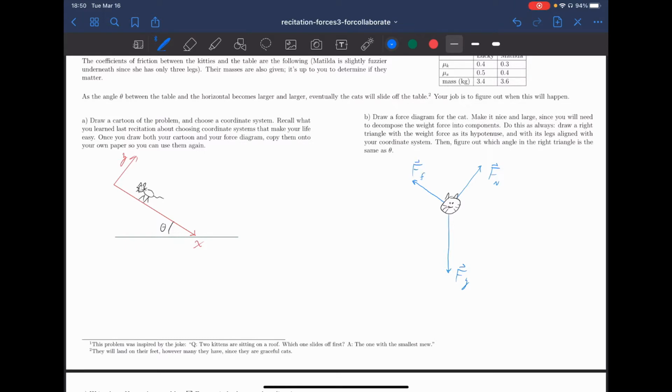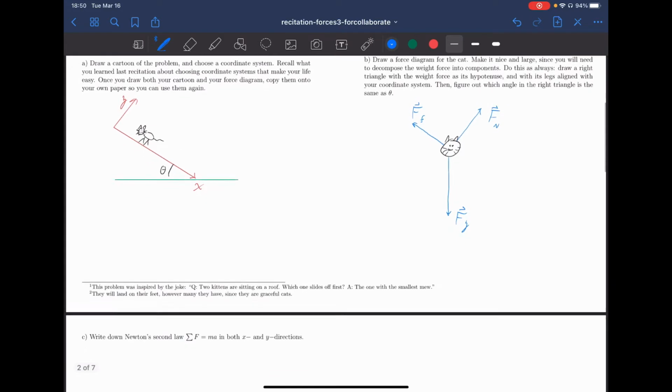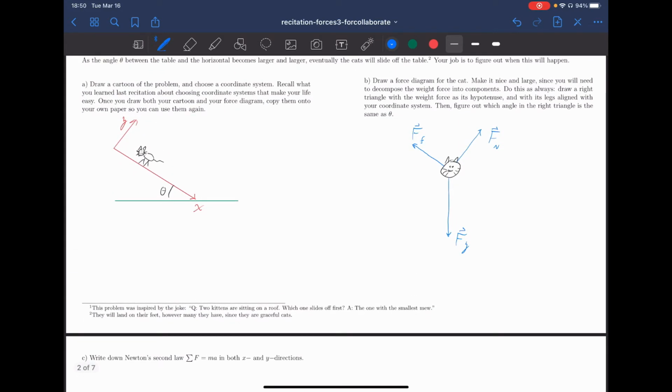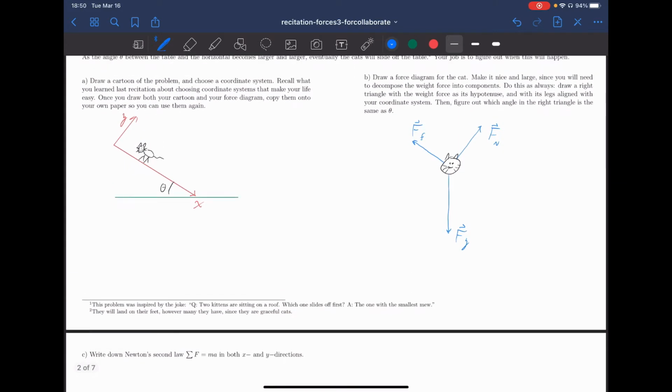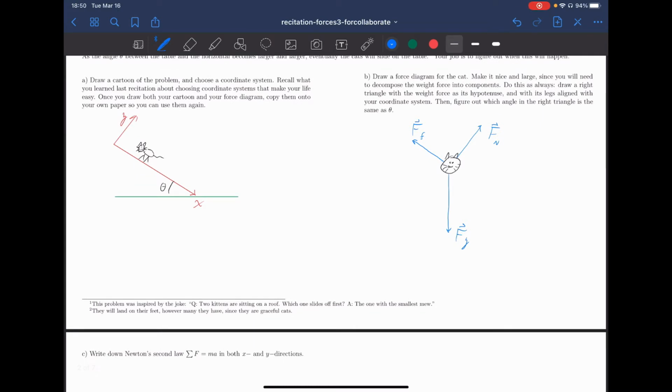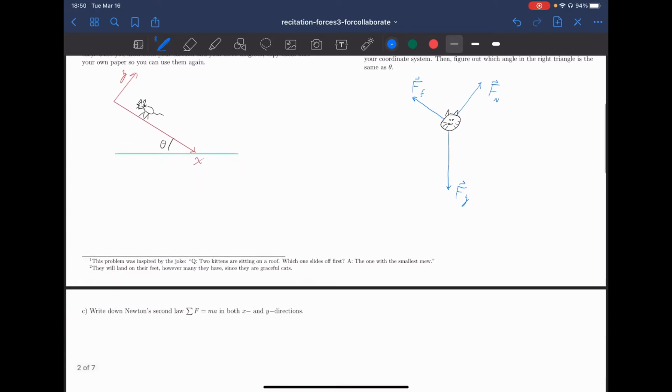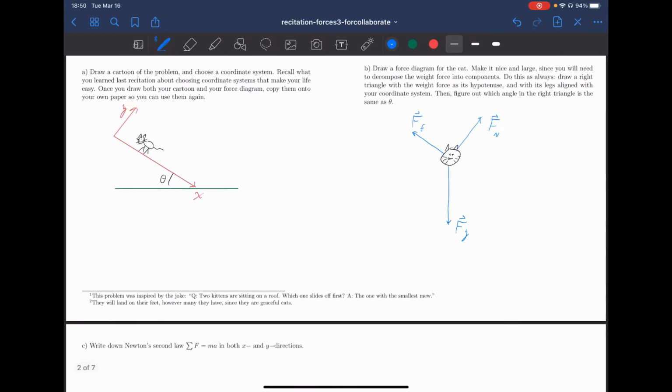Okay, so now that we have our forces, let's move on to writing out Newton's second law. But first we're going to need to think about the components of the gravitational force in our coordinate system, because we're going to need that when we write these vectors in terms of our coordinate system. So let's do that.